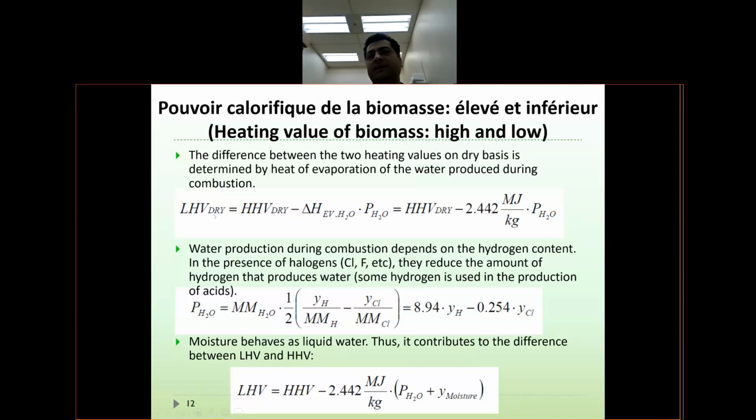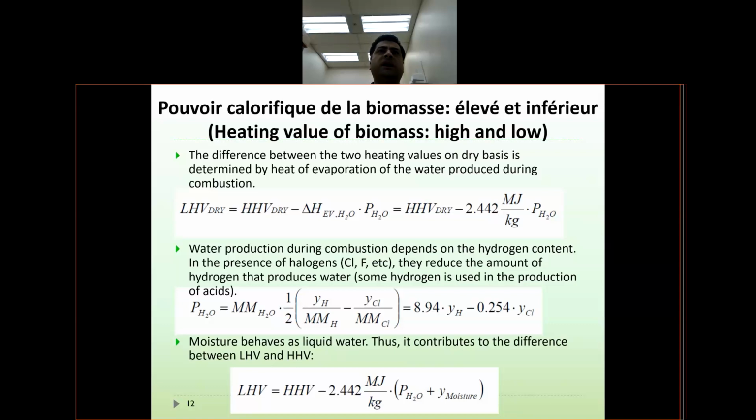Imagine that your biomass is completely dry. There is no moisture inside the biomass. The heating value is the value that you calculate by a bomb calorimeter, for example. But as you know, during the combustion of any fuel, you produce some water, and that water takes some energy, I mean latent heat, in order to evaporate.